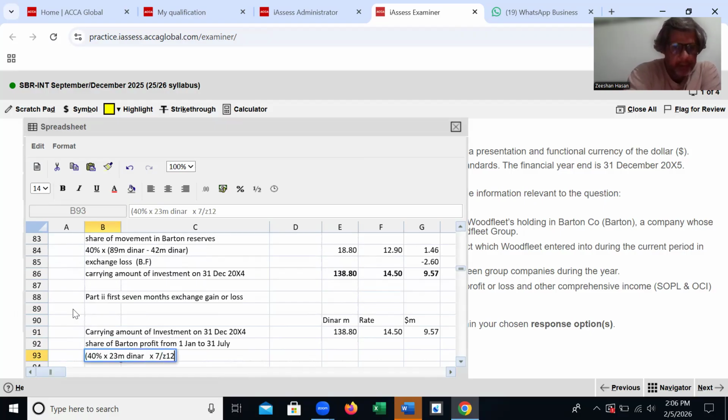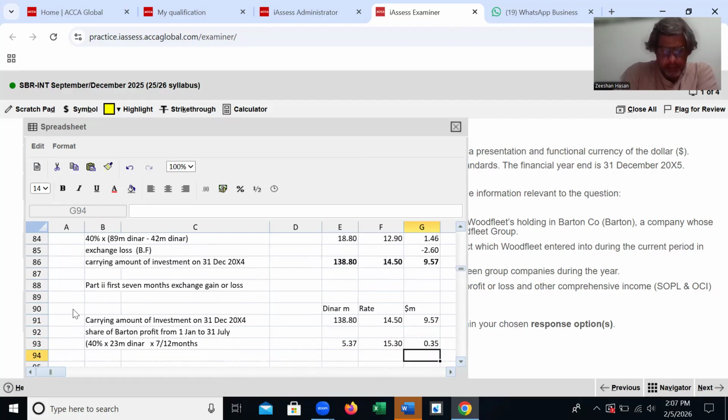So 7 divided by 12 months. And here it is provided in the question 5.37. The rate is 15.3. We will get 0.35.